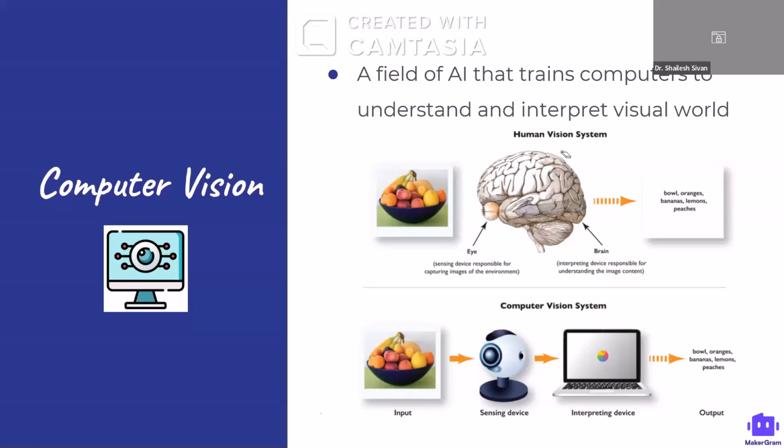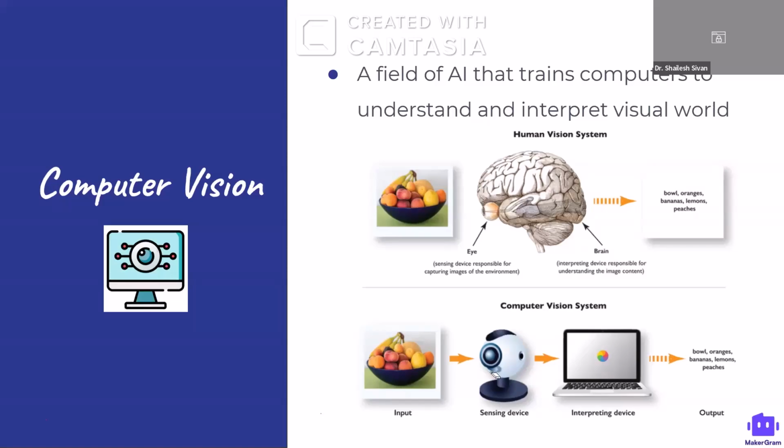Similar to the human vision system, in computer vision we have an acquisition or sensing device. It can be a camera, or a CT scan machine, or an MRI scan machine, or a radar, sonar, whatever it is.